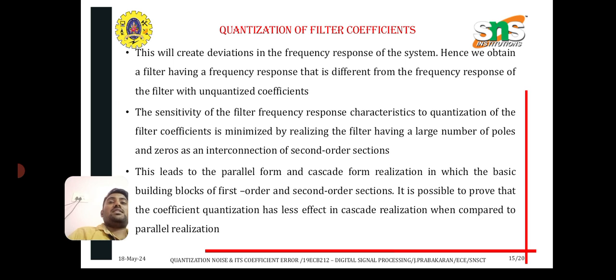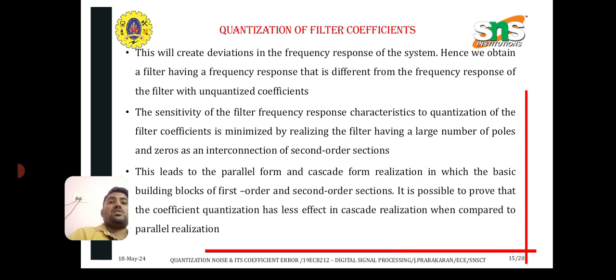The second thing is coefficient scaling. Properly scaling coefficients before quantization can minimize error. For example, scaling coefficients to a range where quantization errors have minimal impact, and then appropriately scaling the output.